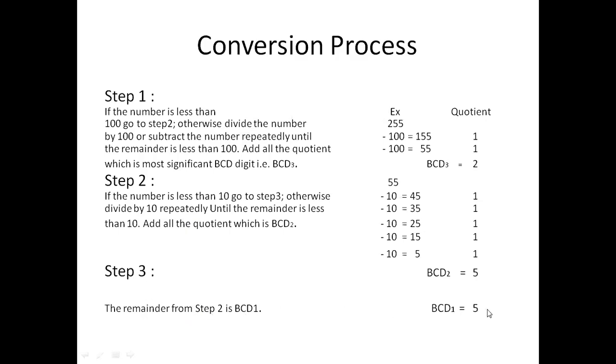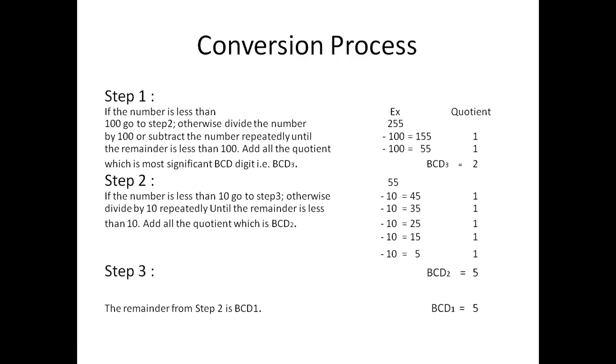And so BCD1 is 1. It means we are extracting 255 from the 255. So first we have extracted 2, then 5, then 5. So first 2 is BCD3, second 5 is BCD2, and third 5 is BCD1.